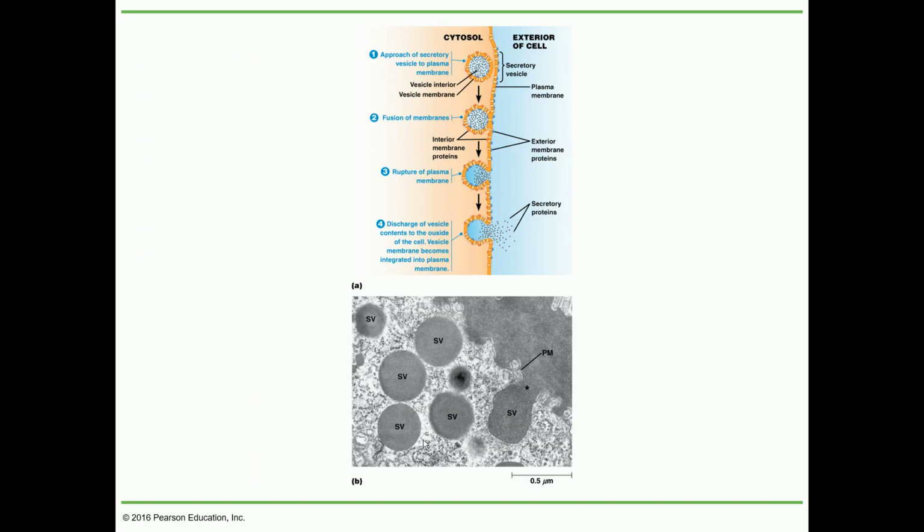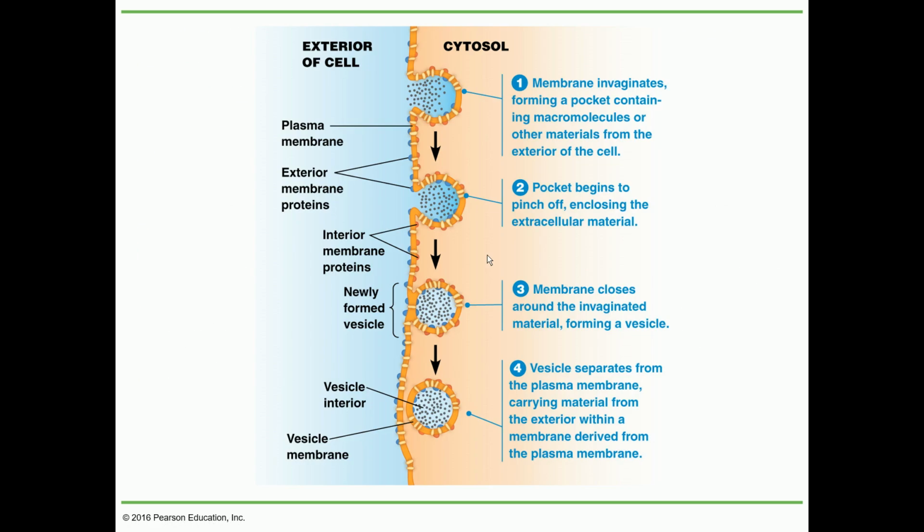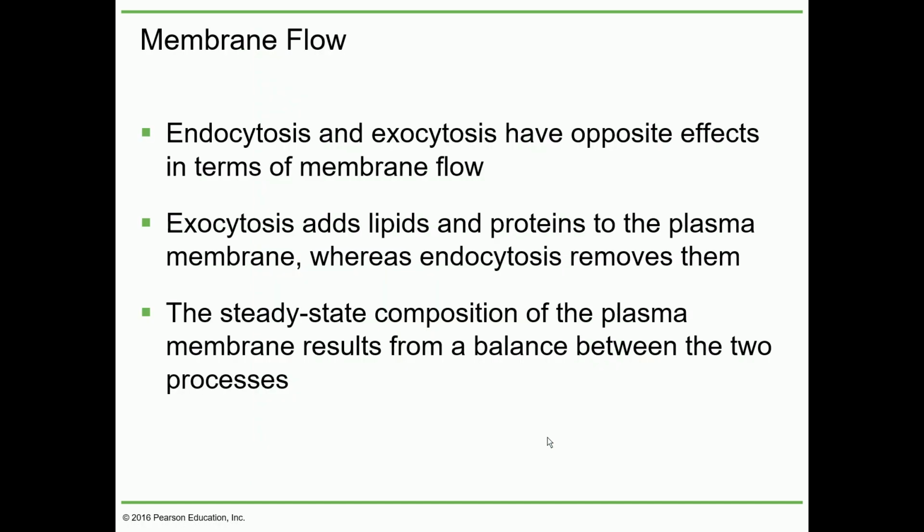The opposite happens in exocytosis, because the vesicle from inside the cell comes and fuses with the membrane. So here the plasma membrane gets extended, but the opposite is happening in endocytosis, where some part of the membrane forms a vesicle.